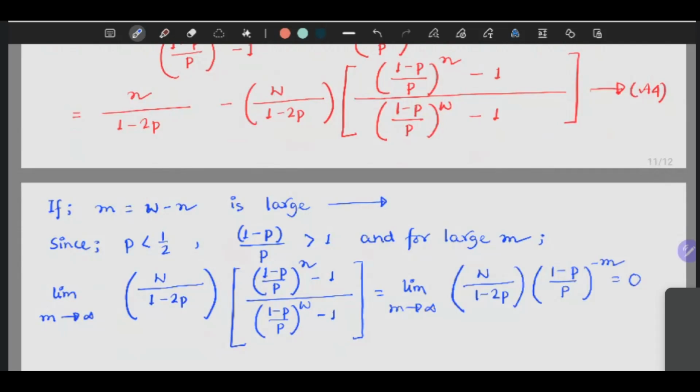Okay, so because it's falling very rapidly, and 1 minus p by p will be greater than 1, right?